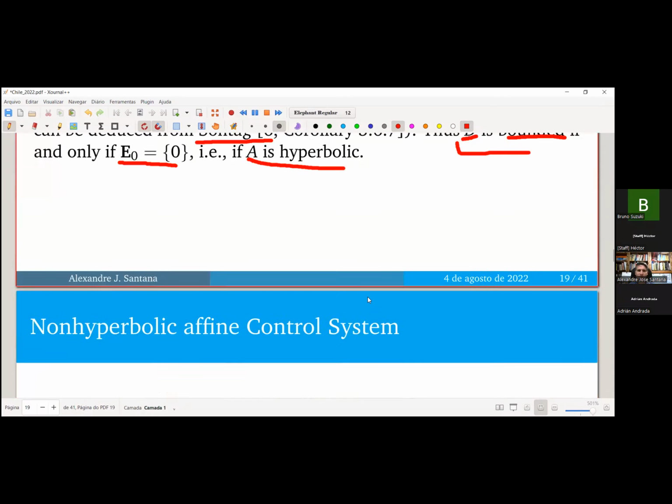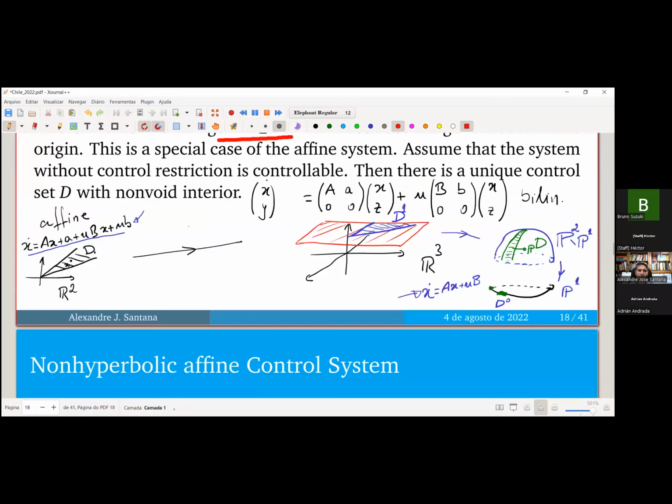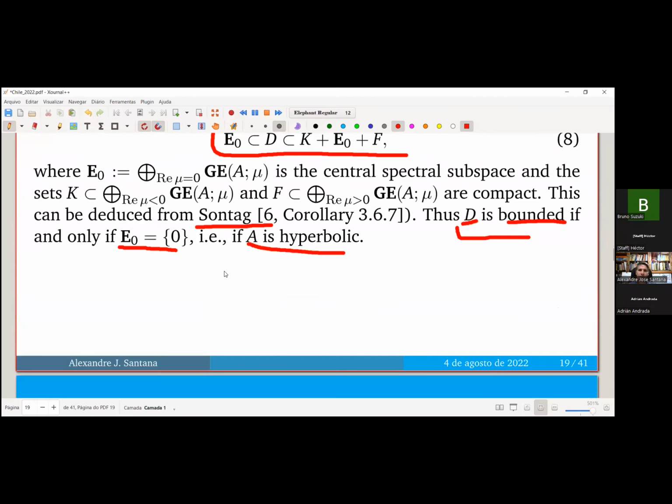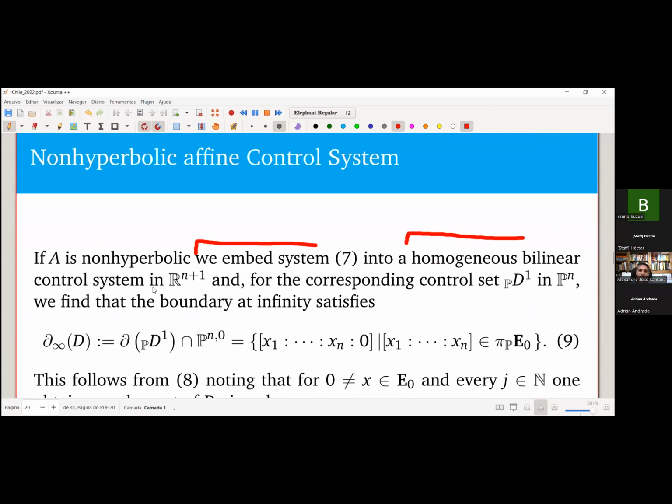This is this kind of lift that I mentioned, and so in Rn plus 1. And for the corresponding control set, PD1 in Pn, in the compactification of Rn plus 1, we find that the boundary at infinity satisfies this equality here.